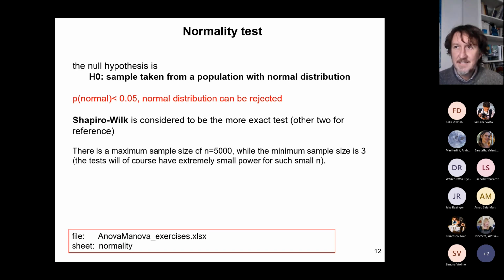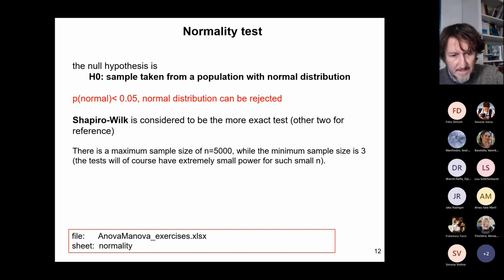Yesterday I sent you the WeTransfer with the software, where there is PAST, which we used yesterday and also today. Now we will use PAST, but also the 50/50 MANOVA that you have to install on your PC for today. And today I sent you the WeTransfer with the material of this lesson.